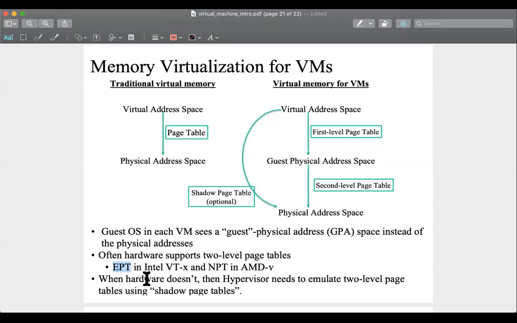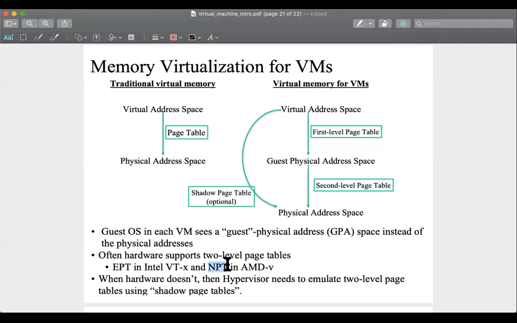Intel called this second level page table, which was added for virtual machines, EPT, or extended page table, whereas AMD called it NPT, nested page table. They mean the same thing. There are some minor implementation differences in terms of format and all that, but EPT and NPT mean the same thing: extended page table and nested page table.